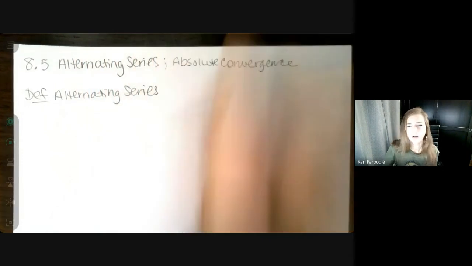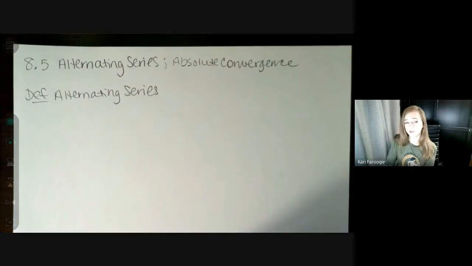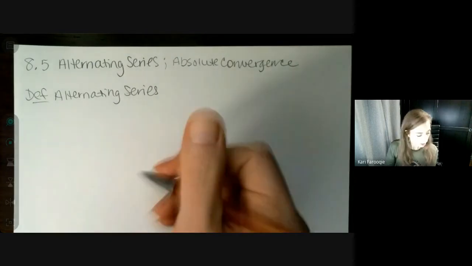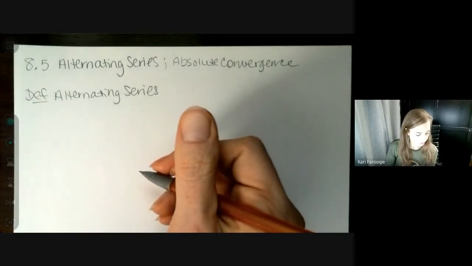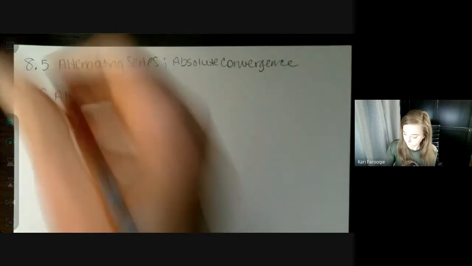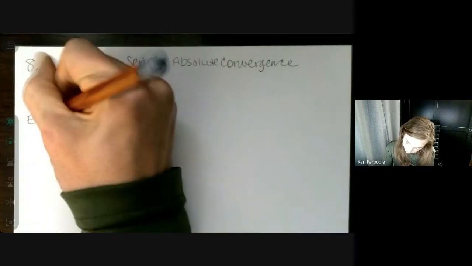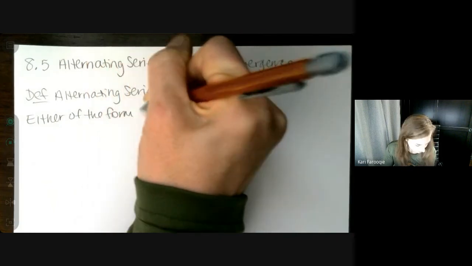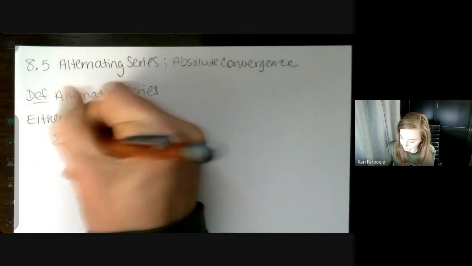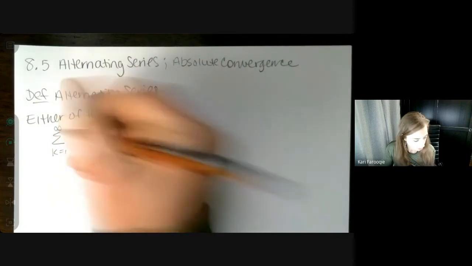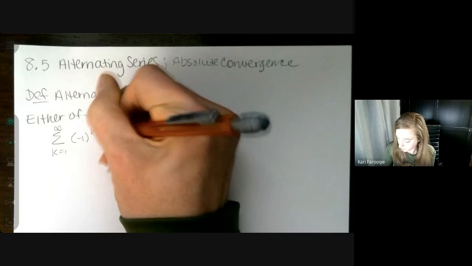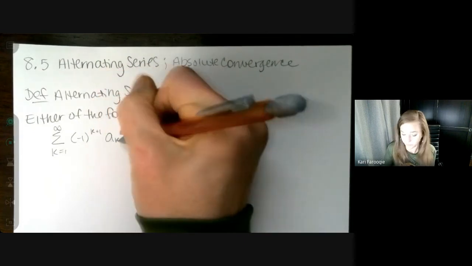Here's a definition for an alternating series. You saw alternating terms when we were talking about sequences in 8.1, but you have not really seen this alternating behavior with a series yet. An alternating series is either of the form the sum from k equals 1 to infinity of negative 1 to the k plus 1 a sub k.